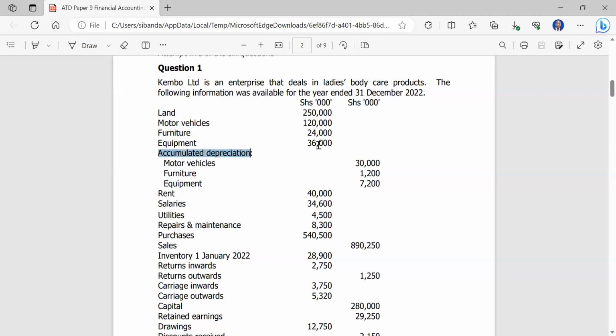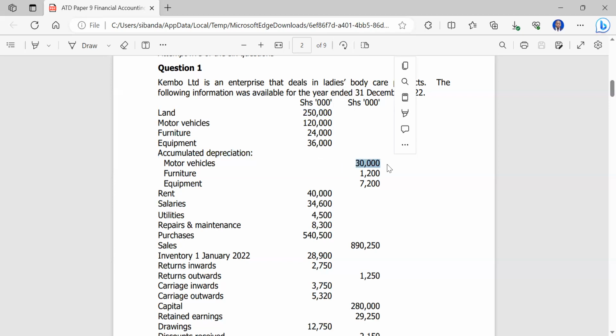Now, every time they give you these values up here, and then they also give you these values, it means that the values they have given you up are at cost, and then these are the accumulated depreciation.